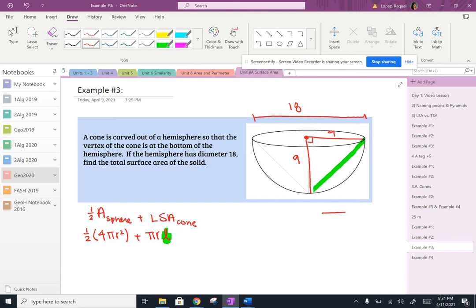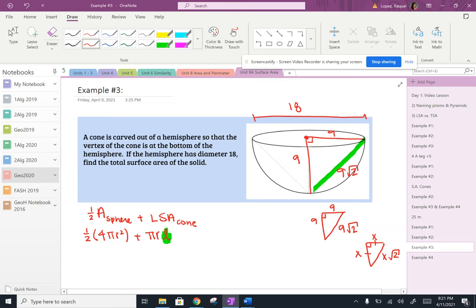And now if you notice, I've got an isosceles right triangle, or a 45, 45, 90 right triangle. So that means that the slant height is going to be 9 root 2 if we're following the ratios of our 45, 45, 90. And if you need a reminder, here it is. It's going to be x, x, x root 2 when I've got an isosceles right triangle. Okay, so now we know the slant height is 9 root 2.